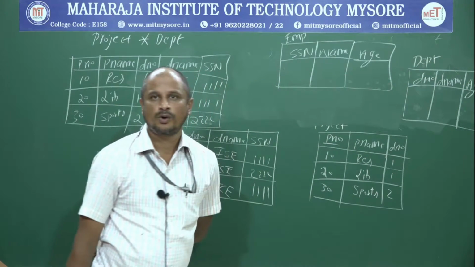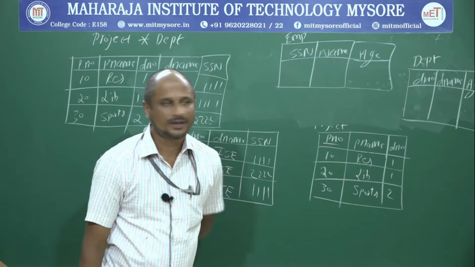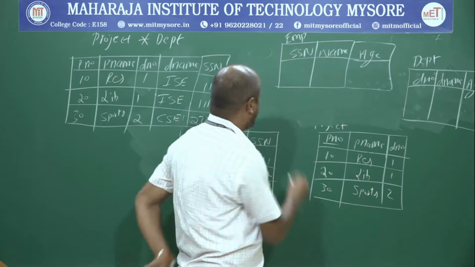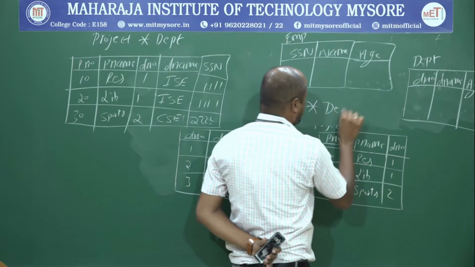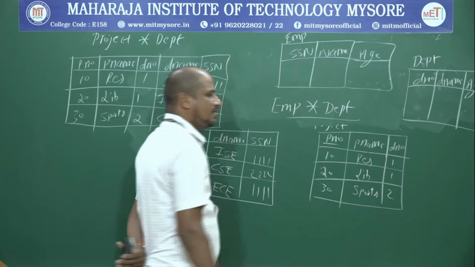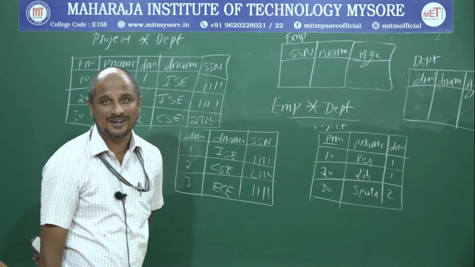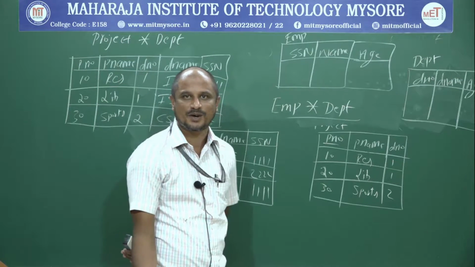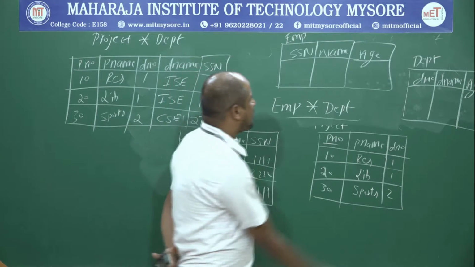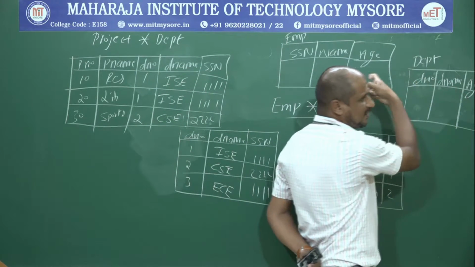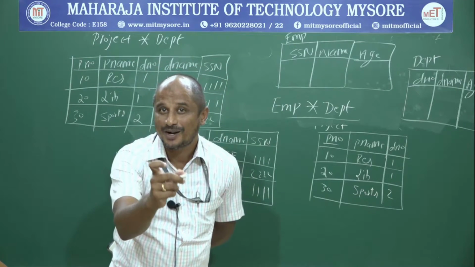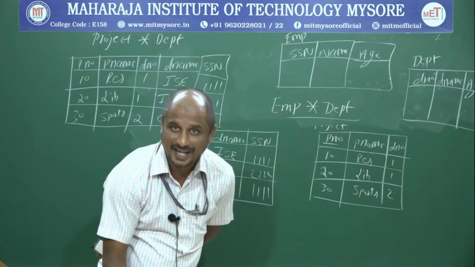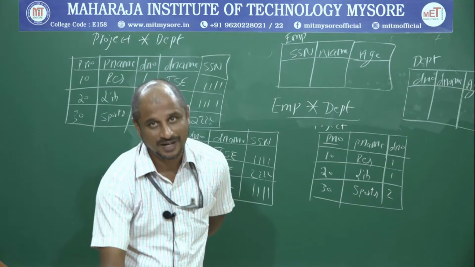So now, what is the common attribute? So I have two tables, employee natural joins with department. So what happens now? When I'm going for common attribute, there is an age between employee and department, right? Age is a common attribute that's playing a role between employee table age and department table age.